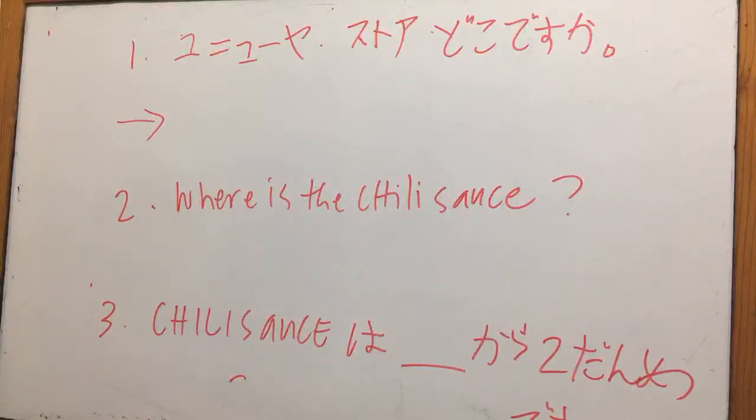Where's this chili sauce? So the chili sauce is in the spice corner, right? Migi no oku ni spice corner ga arimasu. So in that migi no oku, so at the back, migi is right.